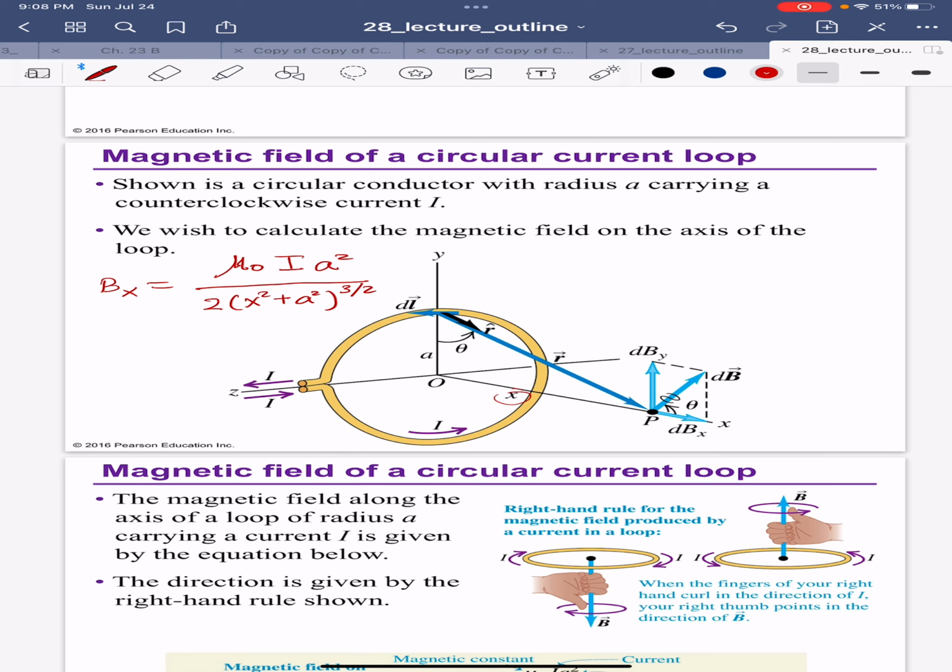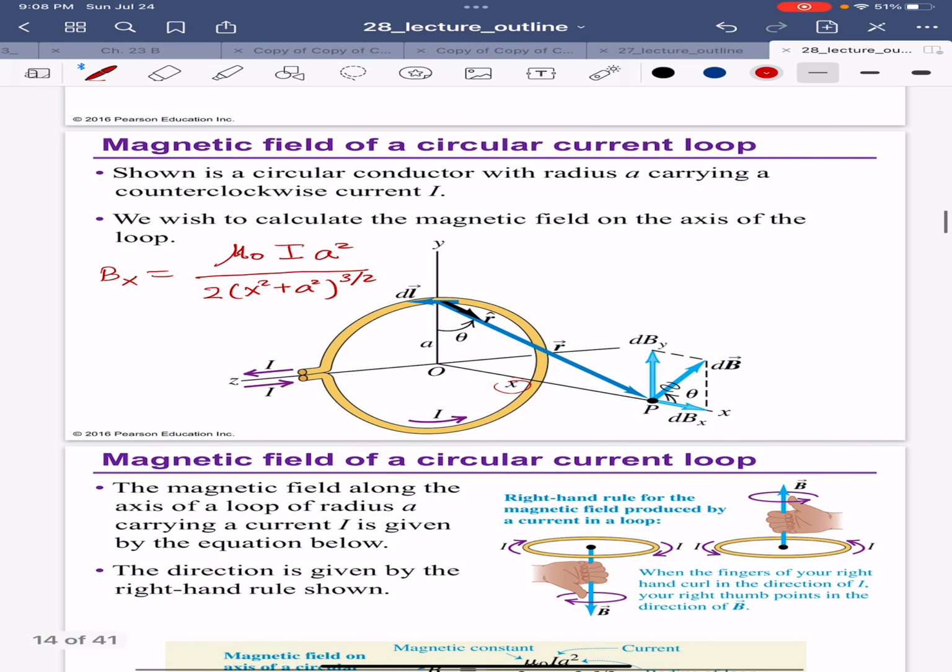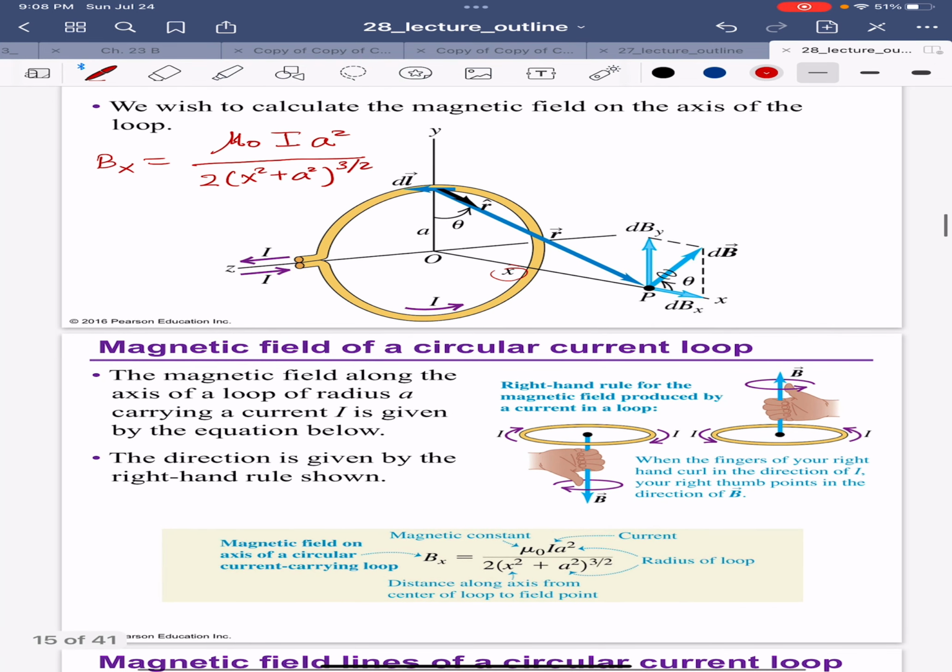Again, the direction is given by the right hand rule, but here we are going to reverse it. Our fingers are going to be in the direction of the current, and then the thumb is going to show the direction of B.